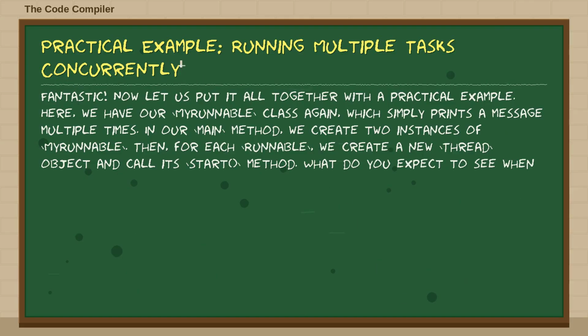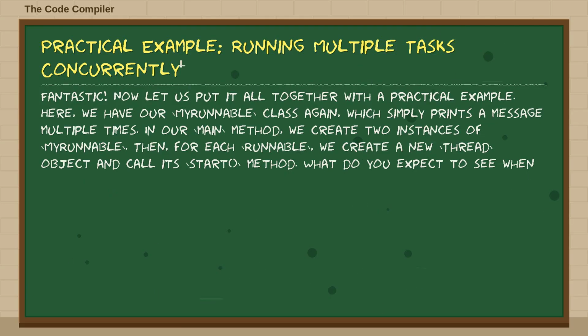Not necessarily. Because these threads run concurrently, their outputs will likely be interleaved, meaning messages from thread 1 might appear, then messages from thread 2, then back to thread 1, and so on. The exact order is not guaranteed, and it can even change slightly with each run.